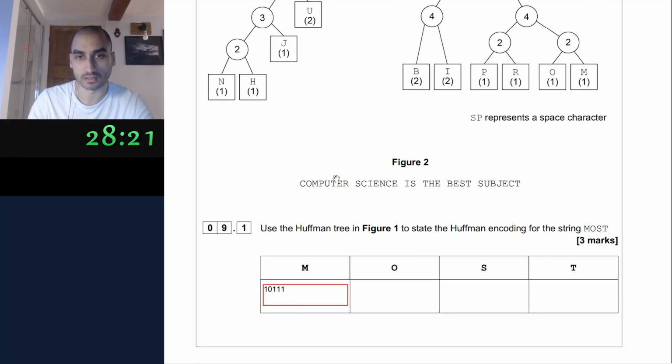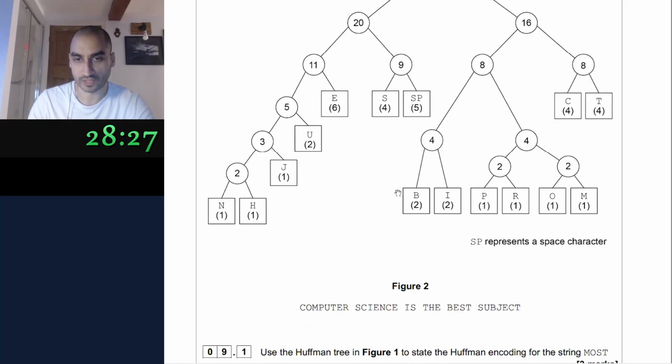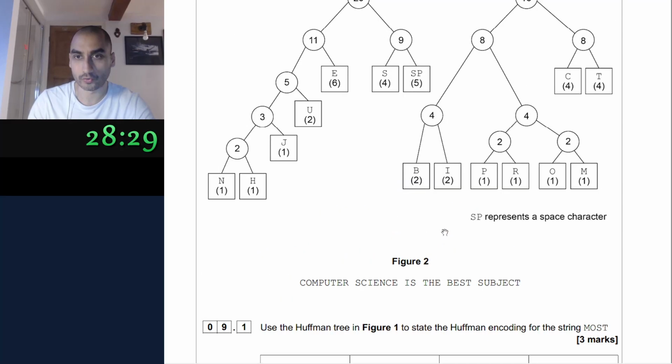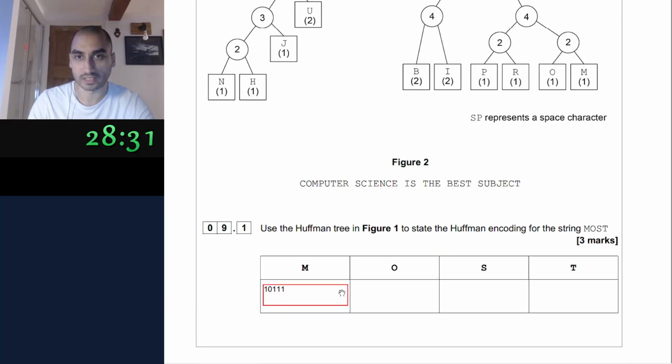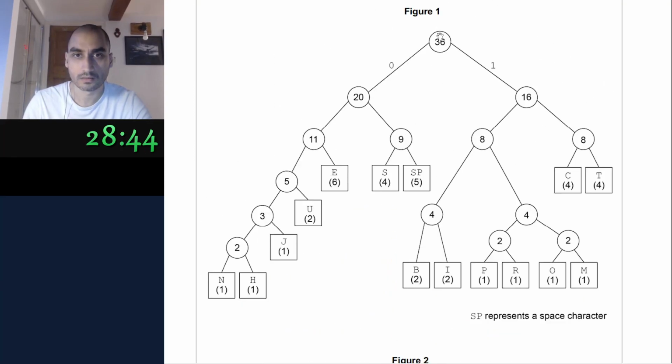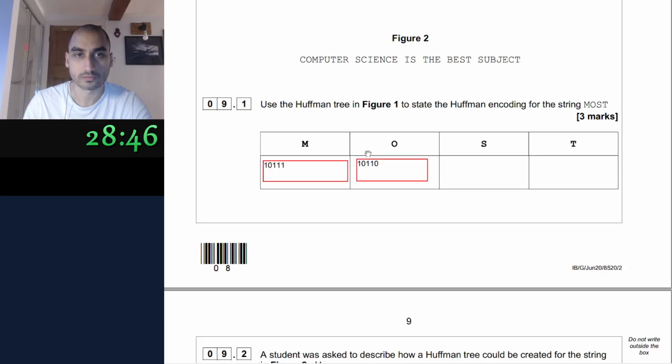We're exploiting the knowledge of the frequencies. Okay, so O would be the same, but with a 1 at the end: 1, 0, 1, 1, 0. S would be 0, 1, 0.